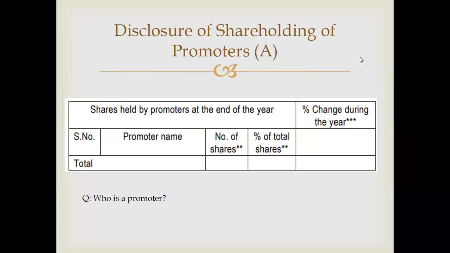My dear students, in Bajaj, the whole Bajaj family, Rahul Bajaj, Sanjiv Bajaj, and Rajiv Bajaj, they combinedly only hold 17.38% stake. They are not having more than 17% stake in Bajaj.